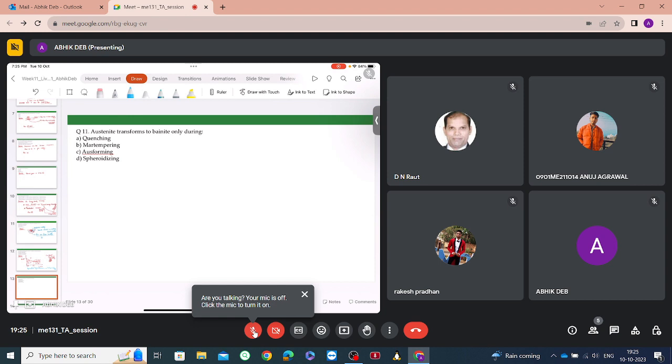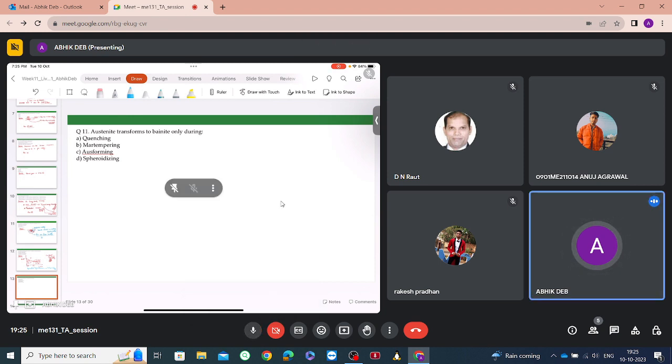Quenching is the process in which austenite will transform to martensite.